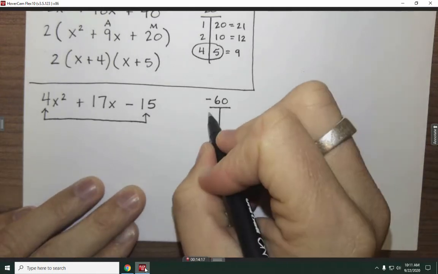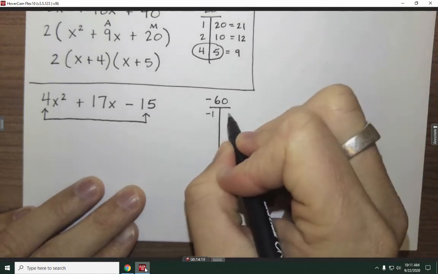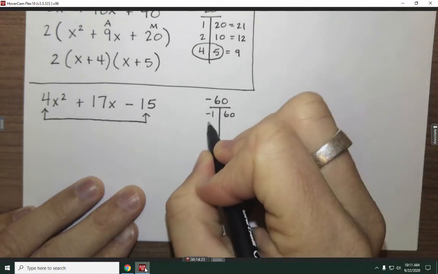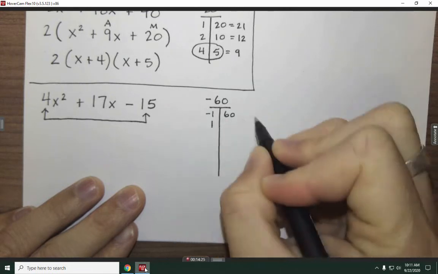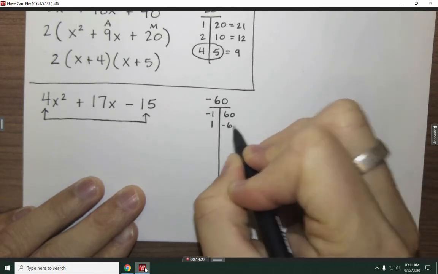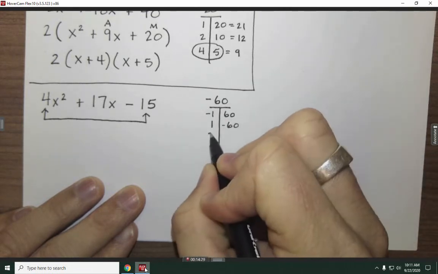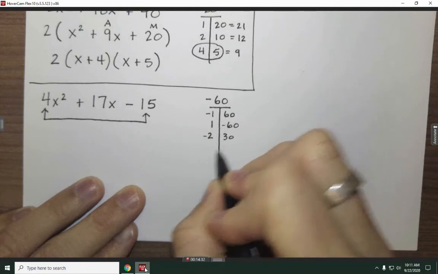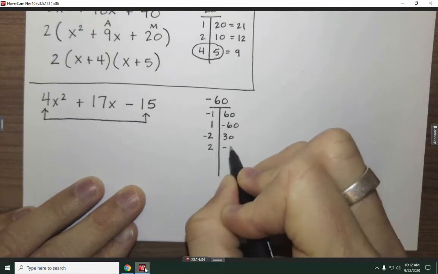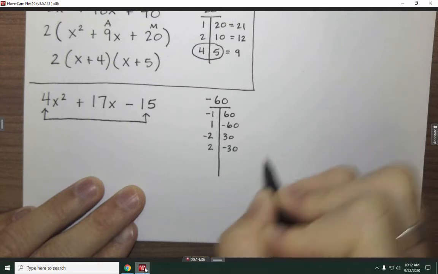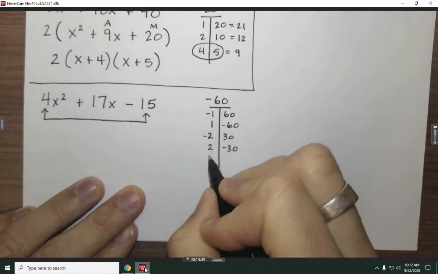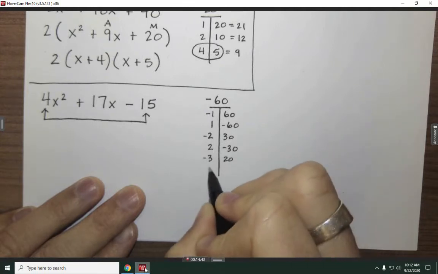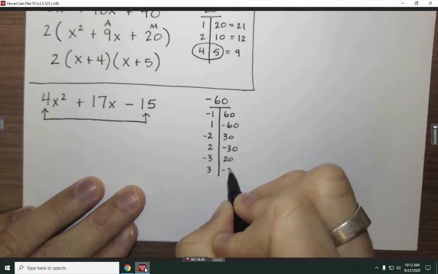So let's go ahead and say that we got a negative 1 and a 60. Now we also get the flip of that, so we get 1 and negative 60. Then we get negative 2, 30, 2, and negative 30. And then we get 3, 20. We're going to make this one negative. And 3, negative 20.